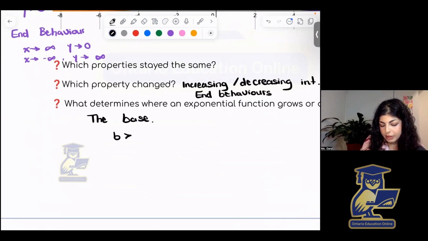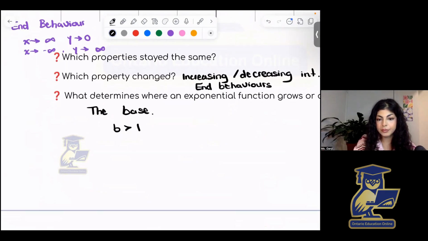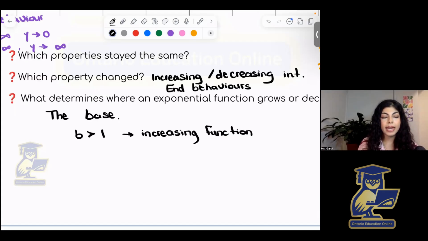So when b is greater than 1, then we have an increasing function, which makes sense because any real number that you pick that's greater than 1 and you are growing this exponentially, then it is growing and it is increasing.